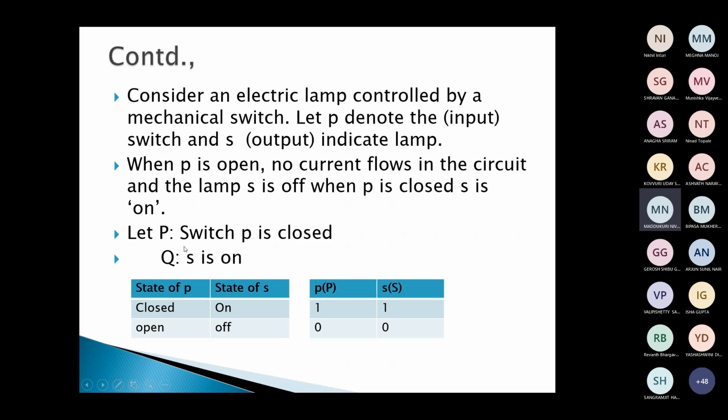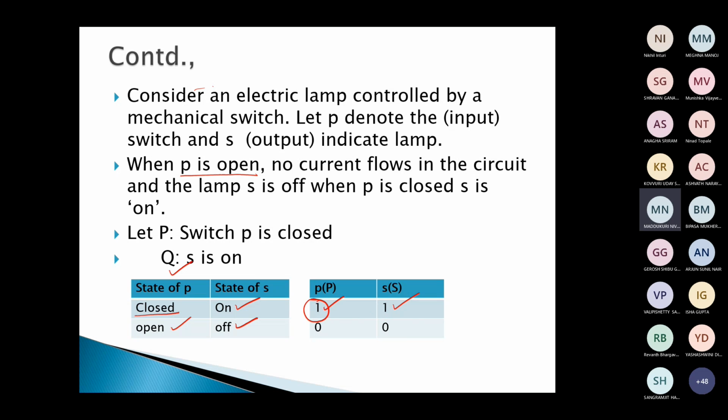When P is open and the circuit is open, no current flows and the lamp is off. That's the state of P. When it is closed, then S is on. When it is open, then it is off. So whenever P is closed, I denote it by 1, and automatically the output is 1, that is, the bulb is glowing.